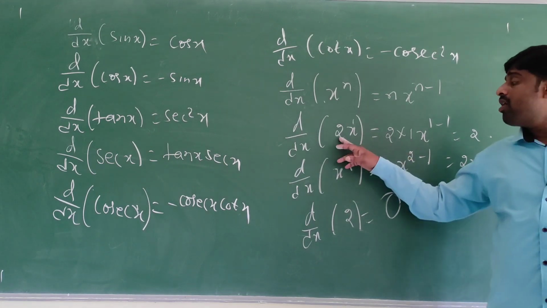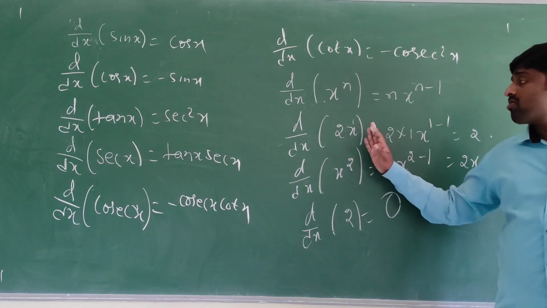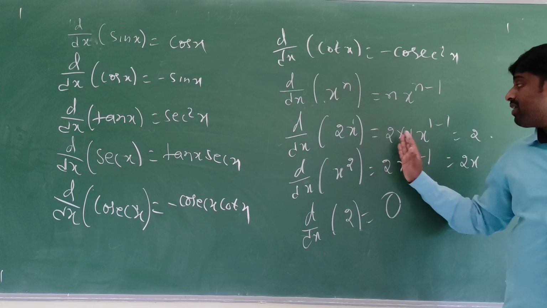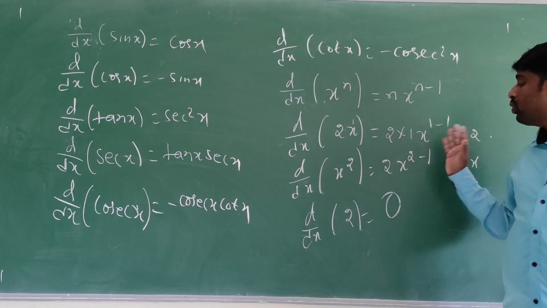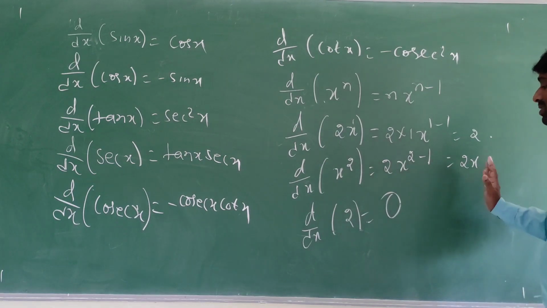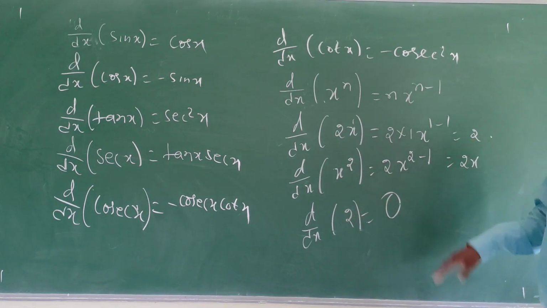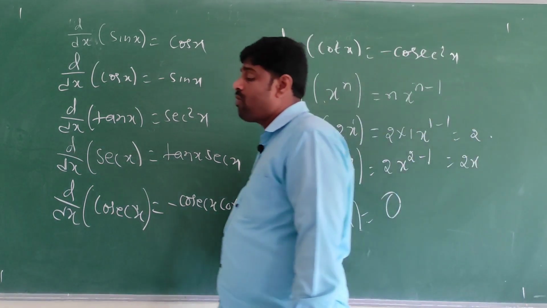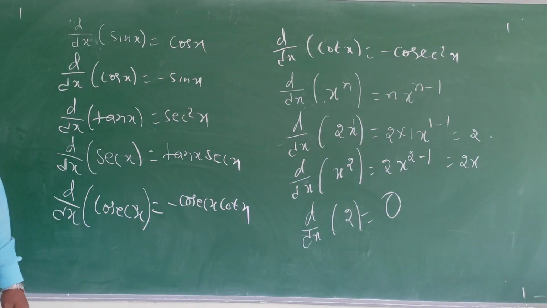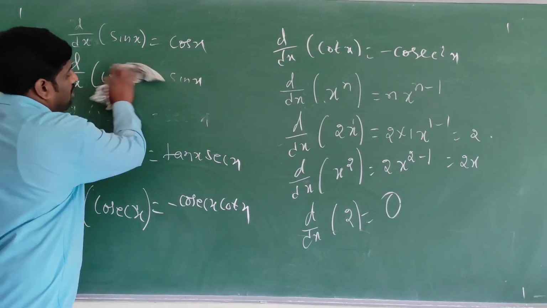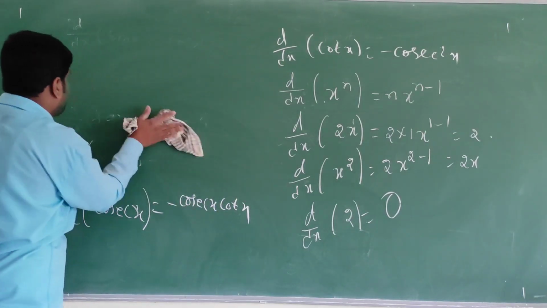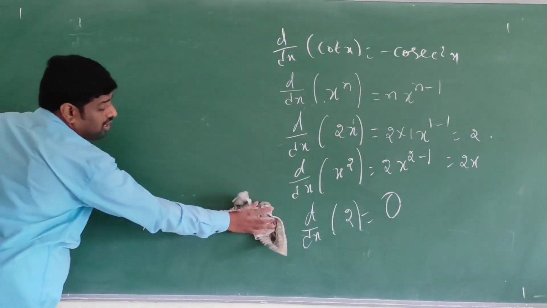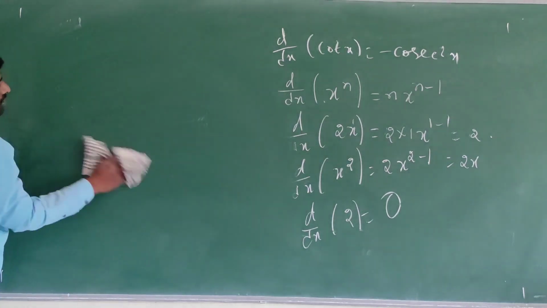When a constant and a function are there, take the constant outside and differentiate the variable. d by dx of 2x is 2, d by dx of x square is 2x, d by dx of 2 is 0. These are some formulas about differentiation, and I will discuss the product rule, the quotient rule, and the sum and difference of derivatives.